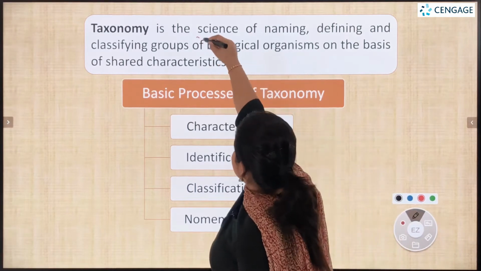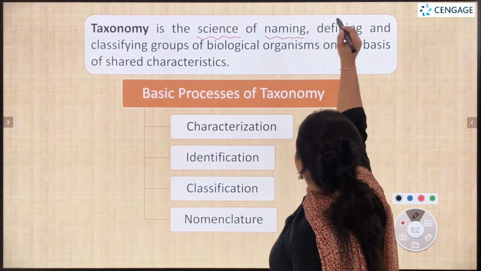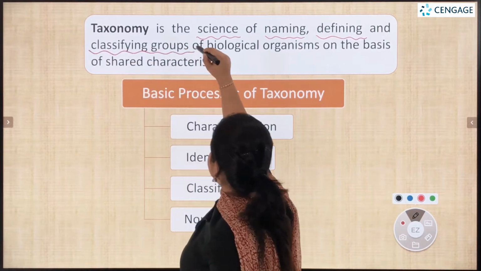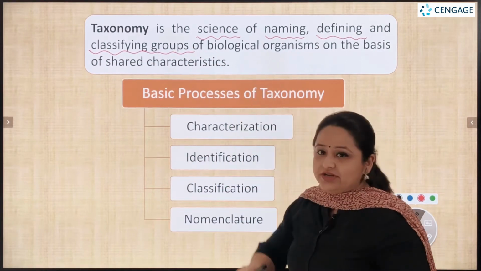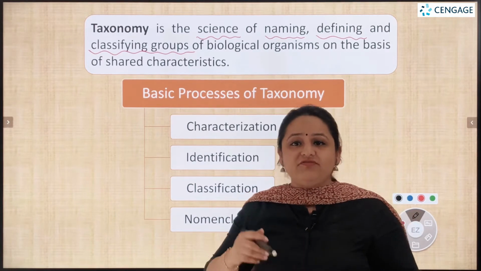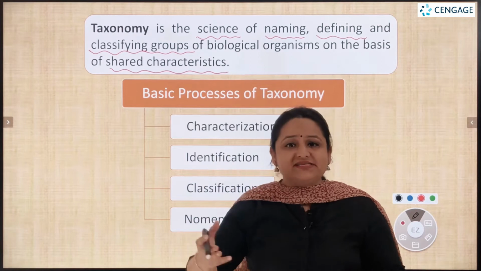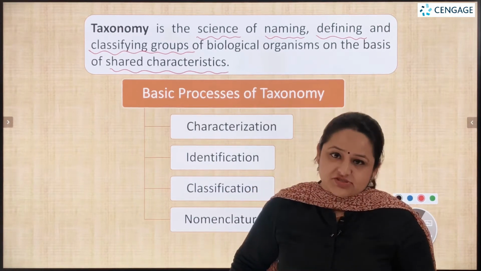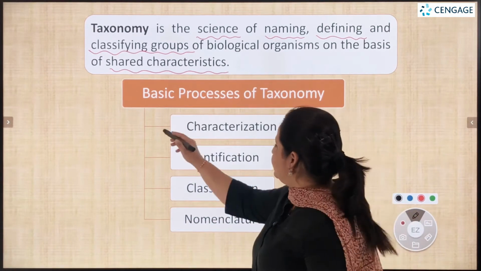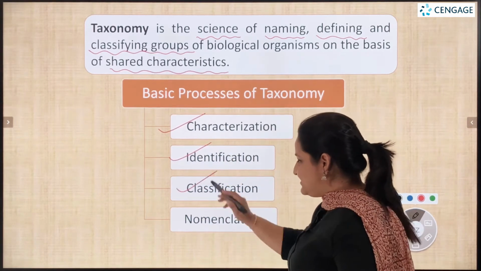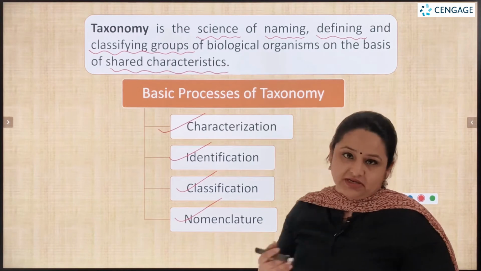Taxonomy is the science of naming, defining and classifying the groups of biological organisms on the basis of their shared characteristics. There are certain basic processes which are involved in taxonomy, and those are characterization, identification, classification and nomenclature.